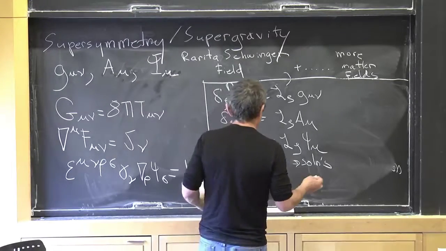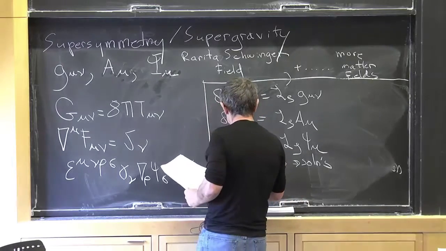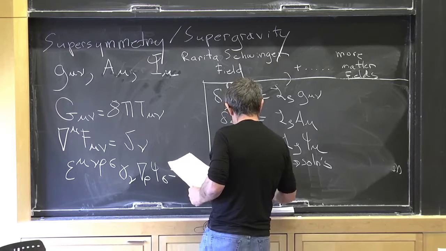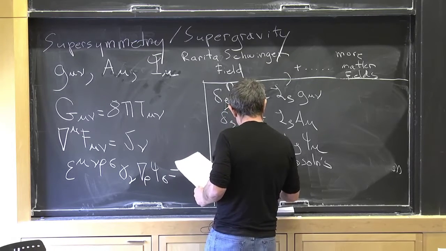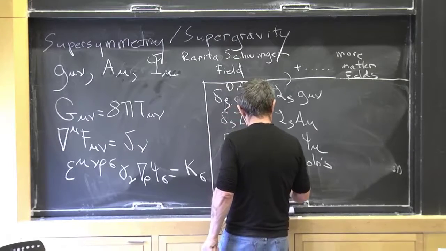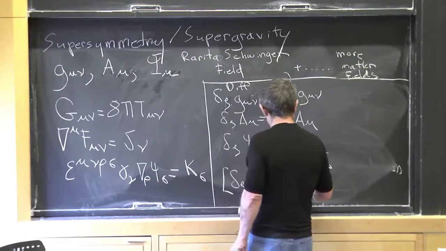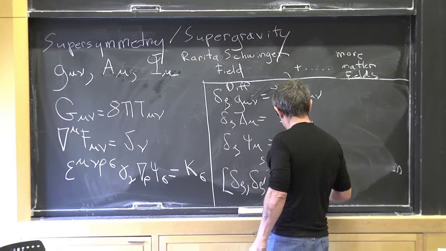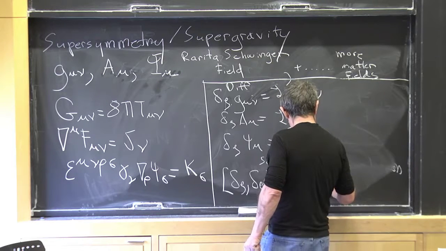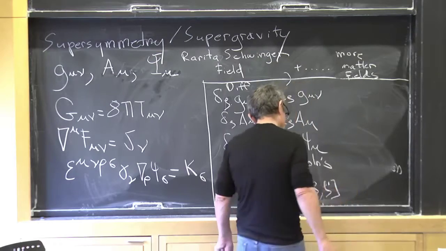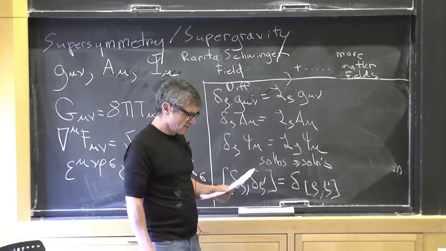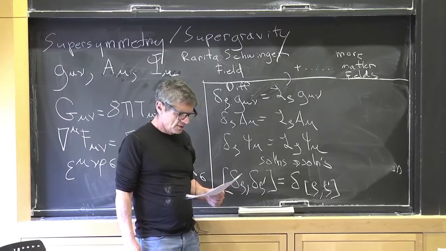And the infinitesimal symmetry generators obey an algebra, which for diffeomorphisms is that delta zeta prime is equal to delta of the Lie bracket of zeta with zeta prime. Okay, so the infinitesimal algebra of diffeomorphisms is just the Lie bracket algebra.